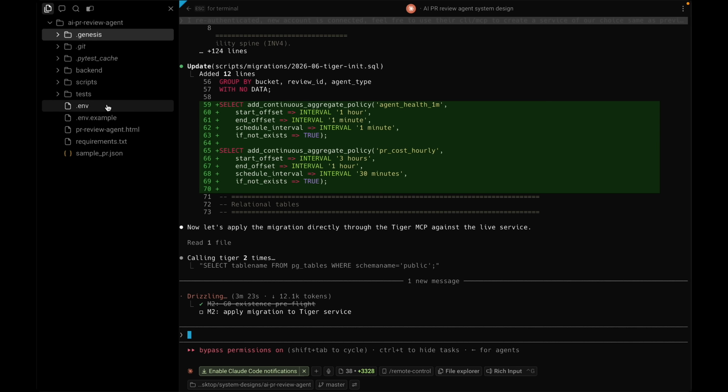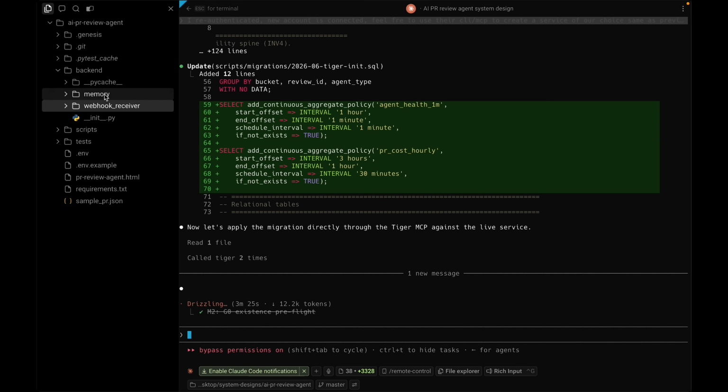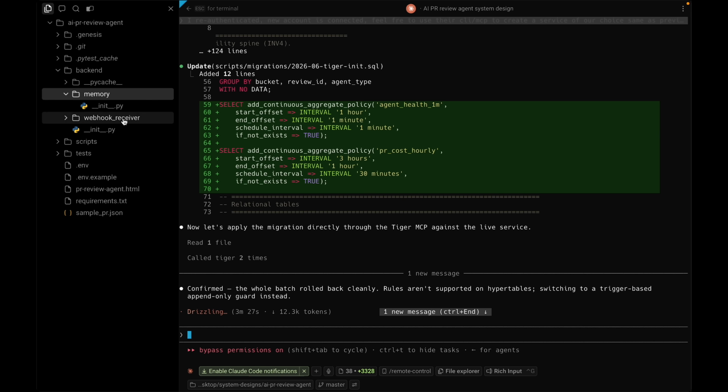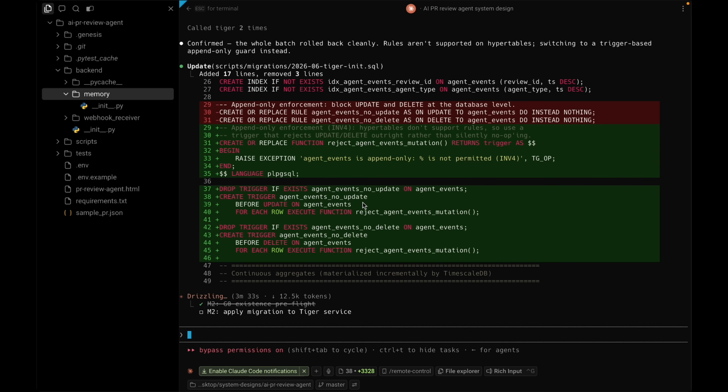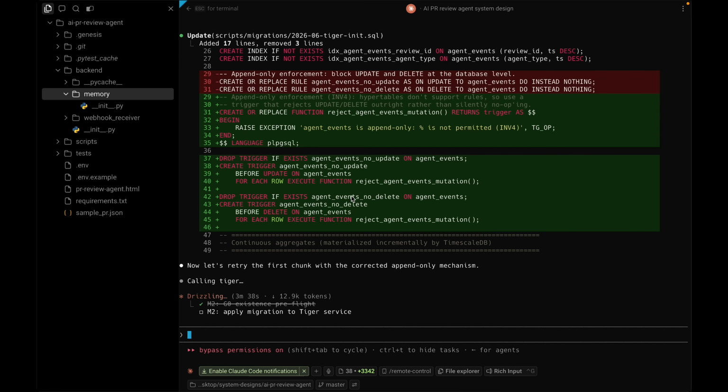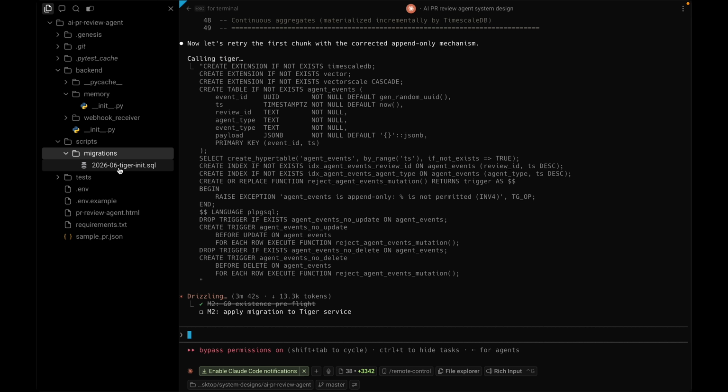If I literally show you what's happening, it is this memory. Something will be created here itself. Rules are not supported in hypertables, so it's switching to a trigger-based append only. Basically, if you see the migrations, these are the scripts and migrations it is technically running.